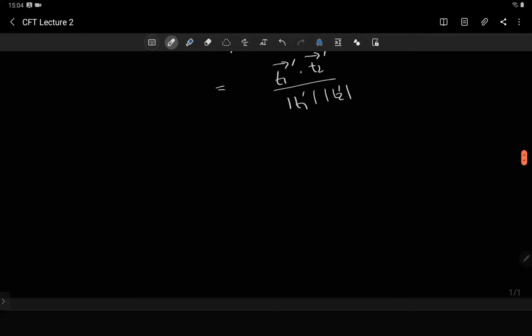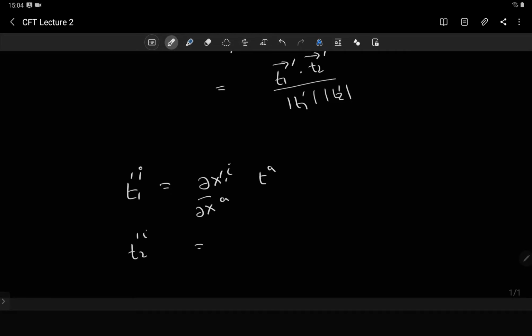And that means, since it's a vector, I can write the ith component t1 i prime as, under this transformation, it will transform like this, let's say del x i prime del x a t1 a, and similarly for t2 prime.